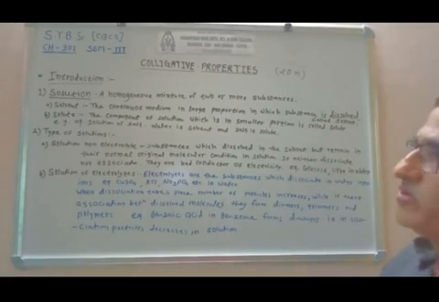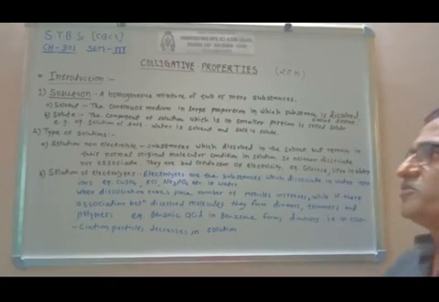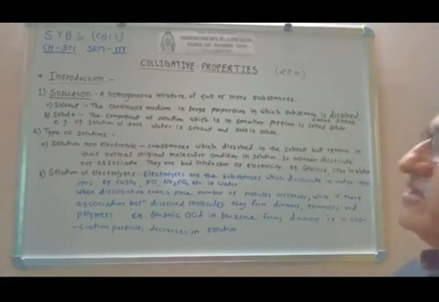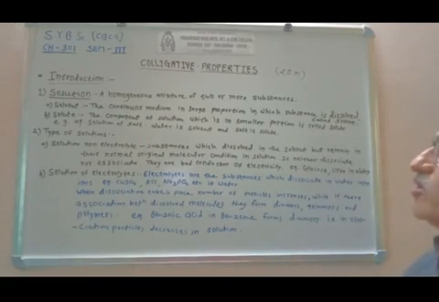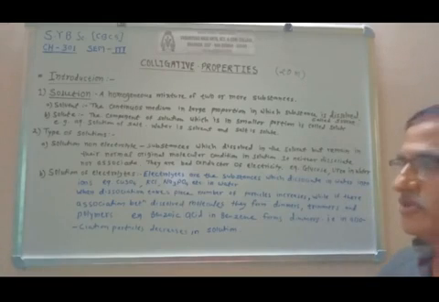Here we must know some basic things which are essential for us. First is solution. What is a solution? A solution is a homogeneous mixture of two or more substances taking part in the formation of the solution. The two main important things are solvent and solute.